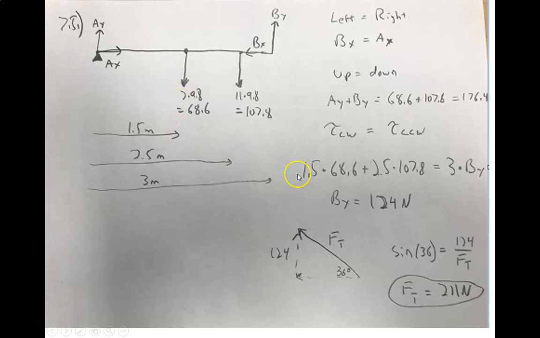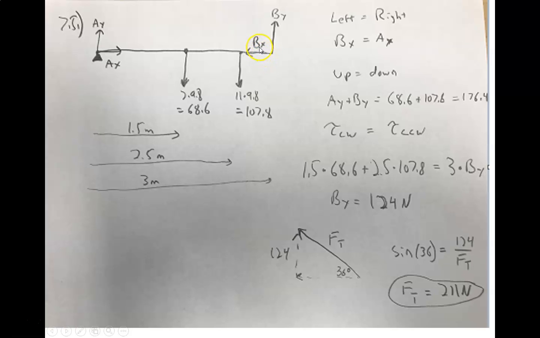So 68.6 times 1.5, plus 107.8 times 2.5, equals 3, because we're 3 meters, times BY. Now, I'm not putting BX in my torque equation. Do you know why?